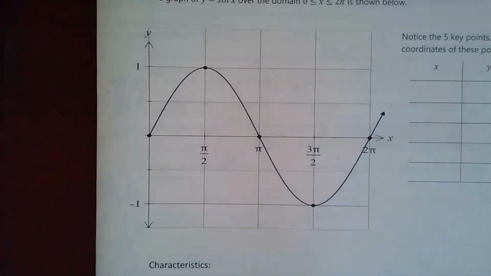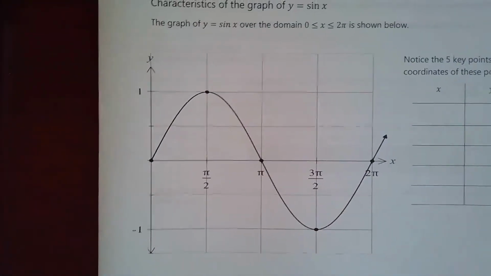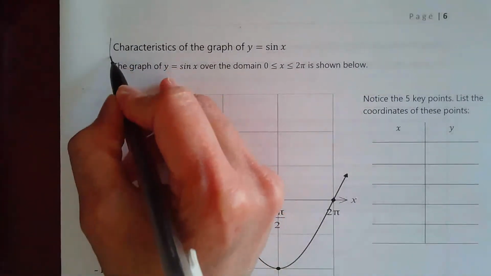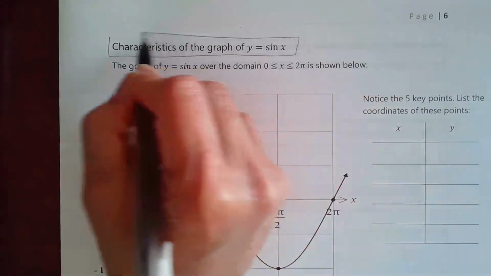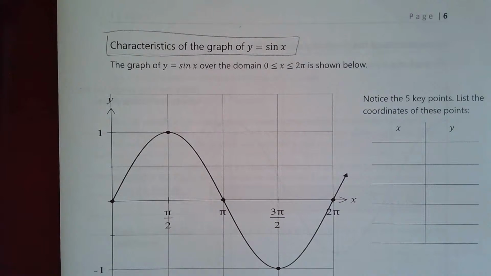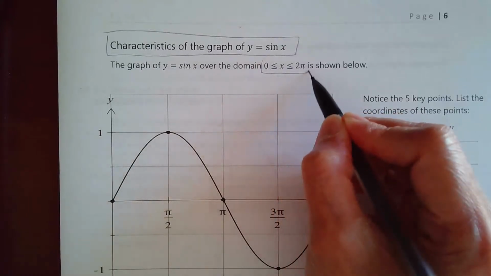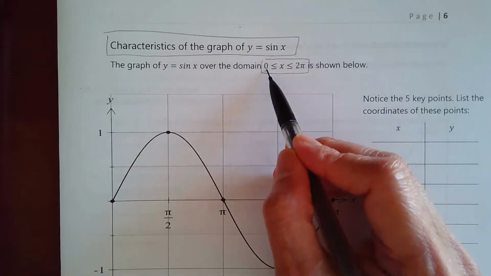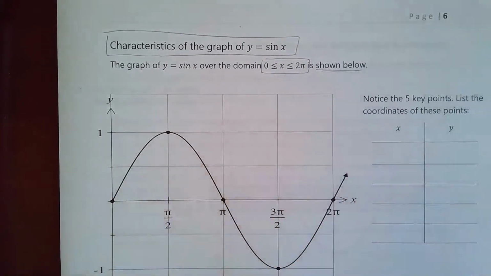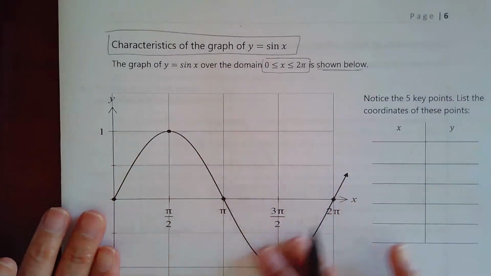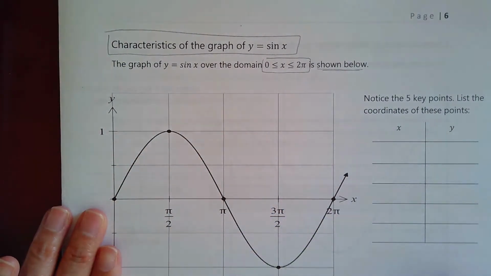Now what we're going to do is look at the characteristics of y equals the sine of x, using the domain from 0 to 2 pi as shown below. If we are just given this graph, what are the characteristics?